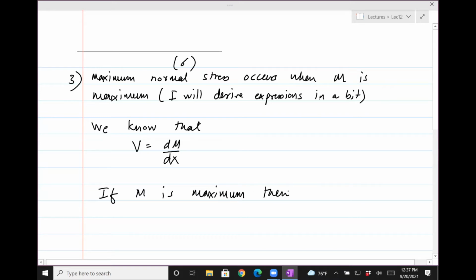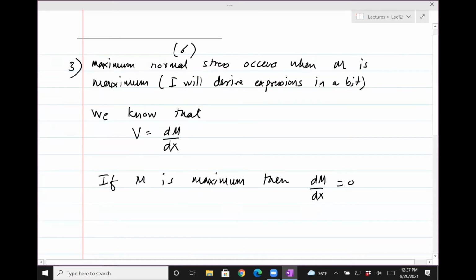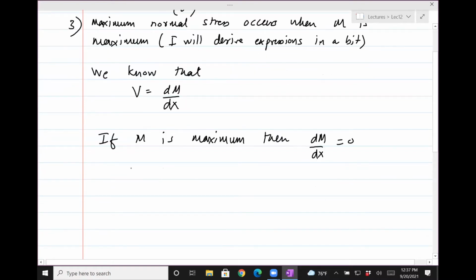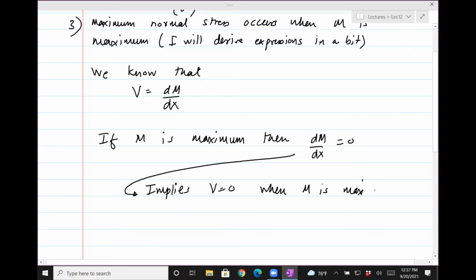You take that quantity, differentiate with respect to x, and set the derivative equal to 0, and that's how you get the maximum or minimum. So you do dM/dx equals 0. But if dM/dx equals 0, then clearly V should be 0. So this implies V is 0 when M is maximum. This is a result which comes purely from calculus.